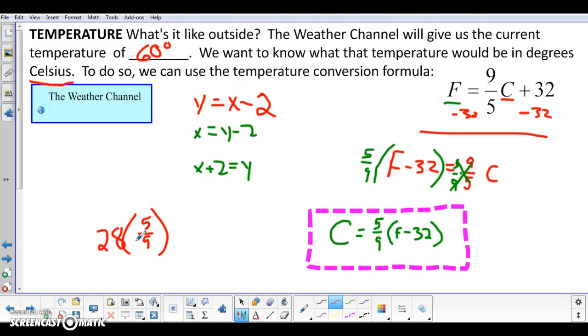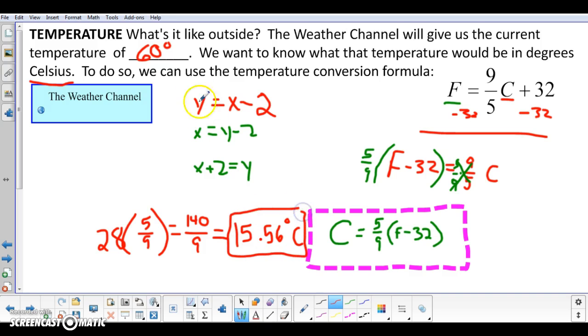So take 28 times 5, which is 140, and then divide that by 9, which will give us something like 15.5 or so. Repeating, we'll go 15.56 degrees Celsius. So 15 degrees Celsius is a nice balmy 60-degree day for us in Fahrenheit.